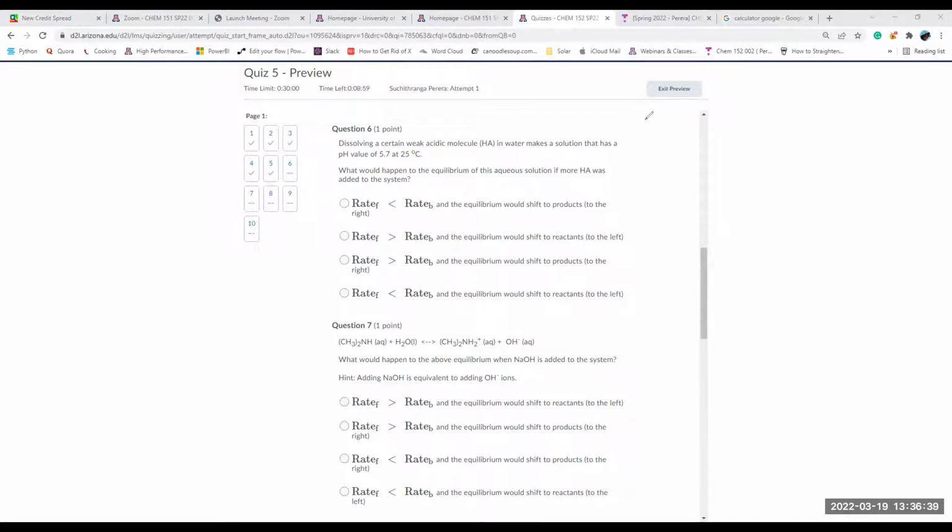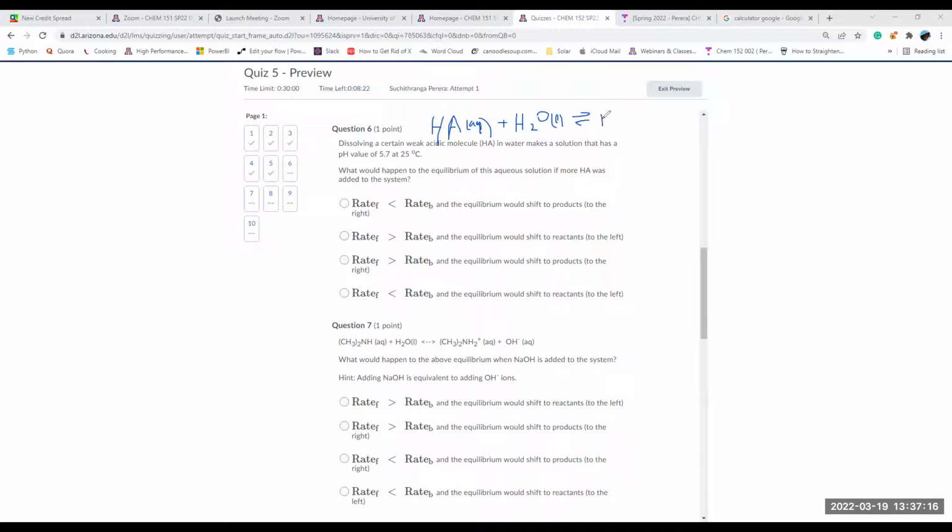The only thing that matters to us is that we have an equilibrium, and that equilibrium is when HA aqueous reacts with water, H2O liquid. We're going to have this equilibrium in the system.